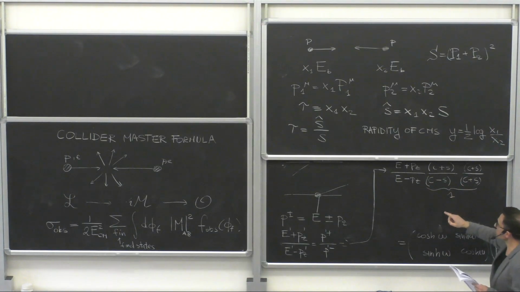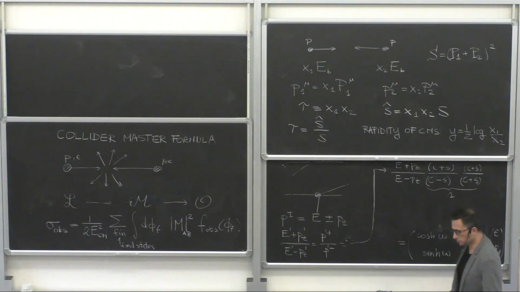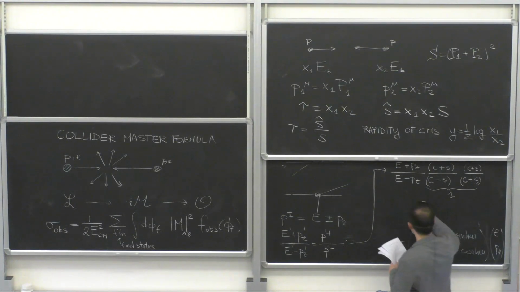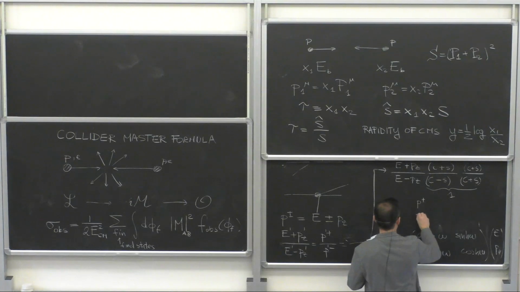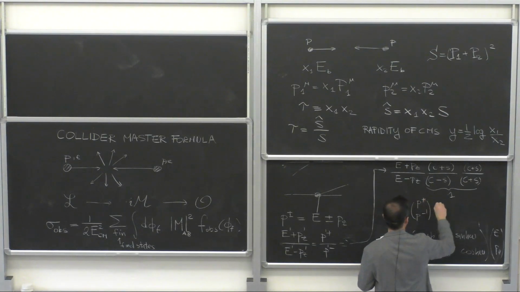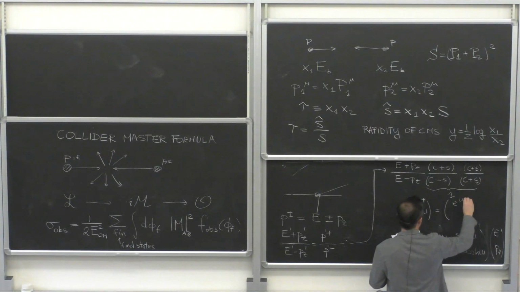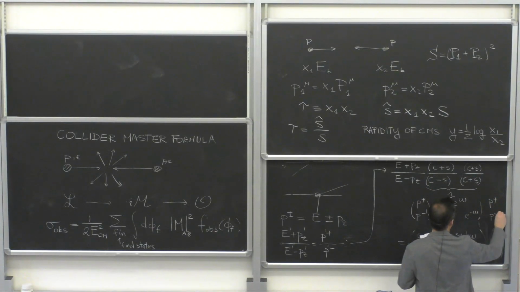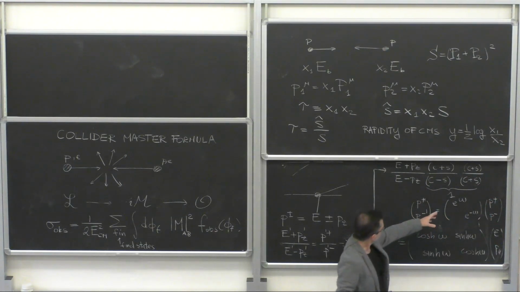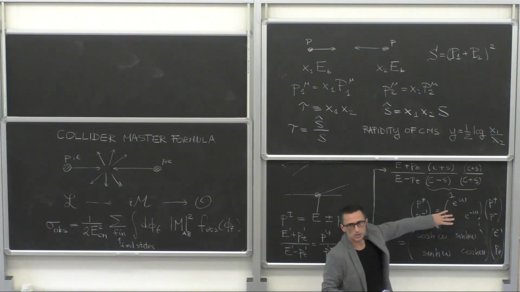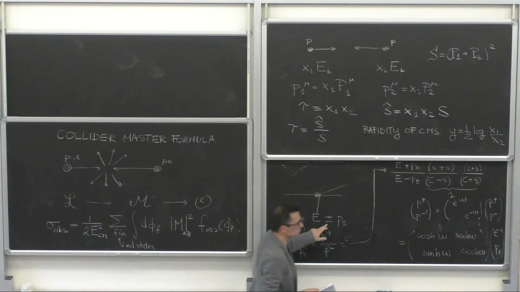And then what you see is that this ratio, you can also do it using this transformation, P plus P minus prime equal e to the omega, e to the minus omega, P plus P minus, which is more elegant. So this is a rotation of 45 degrees. So I'm defining these two variables.